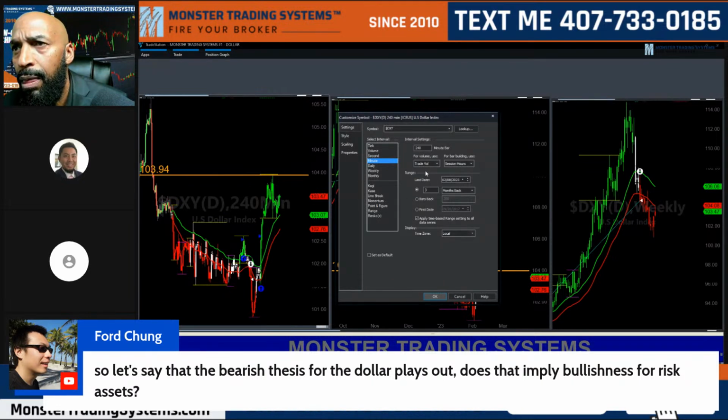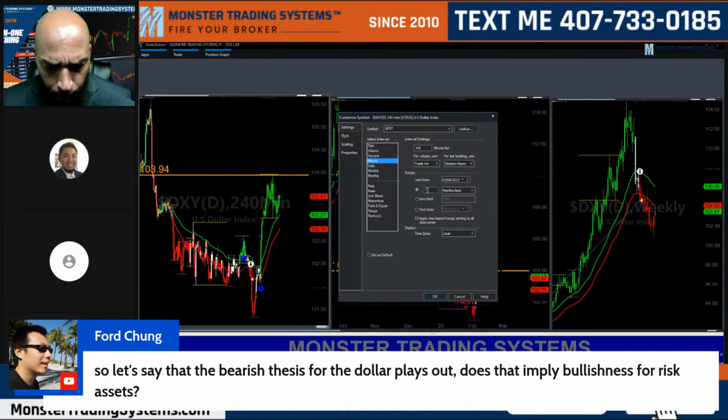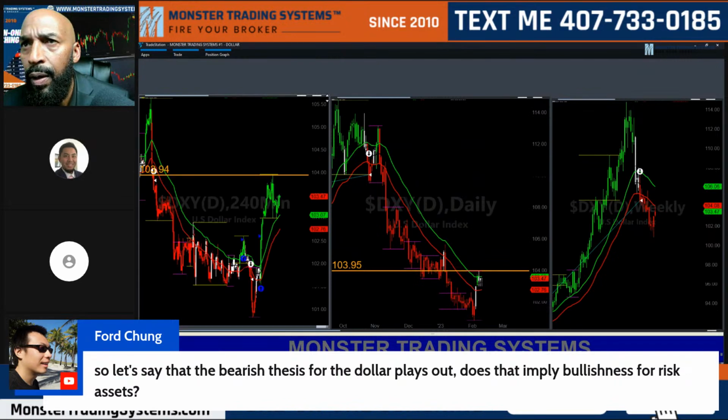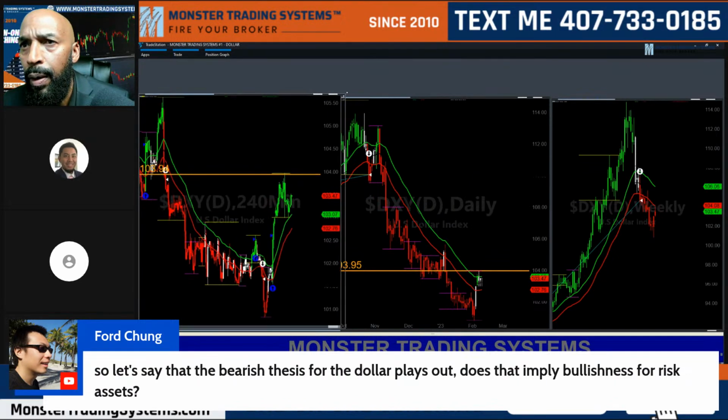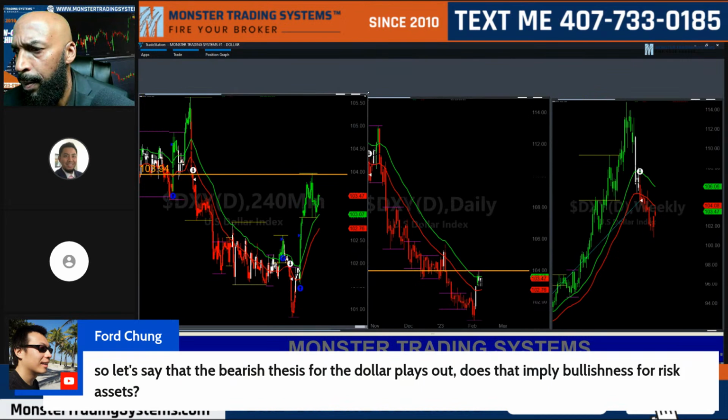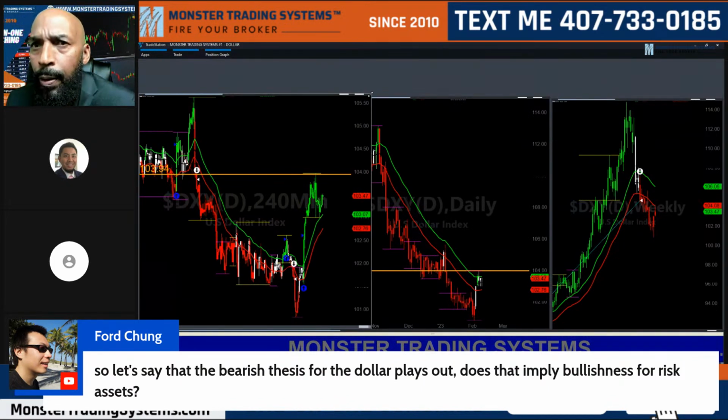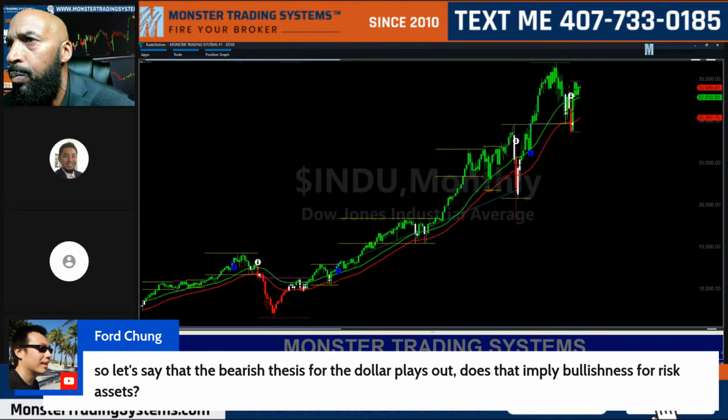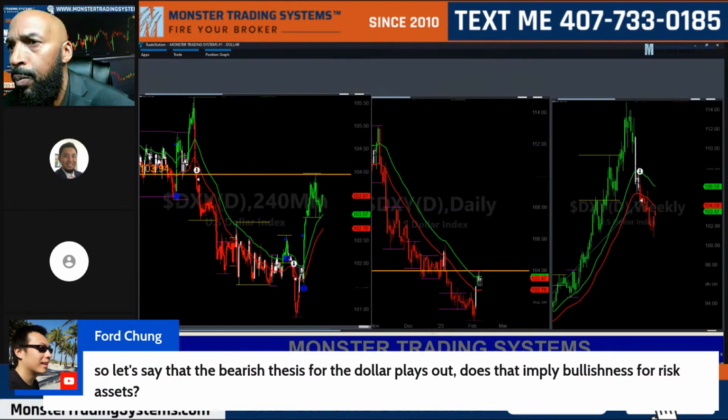If people are getting into the dollar, that means they're selling their stocks to get into the dollar, so the S&P 500 generally will be bearish. If they're getting out of the dollar, they're usually placed into other stuff, the index, commodities, whatever.